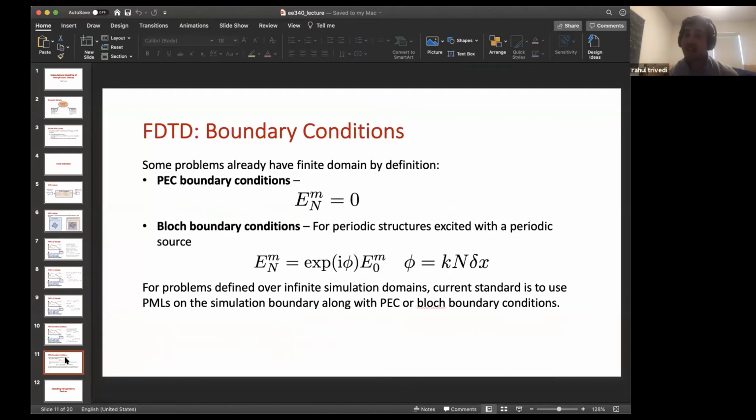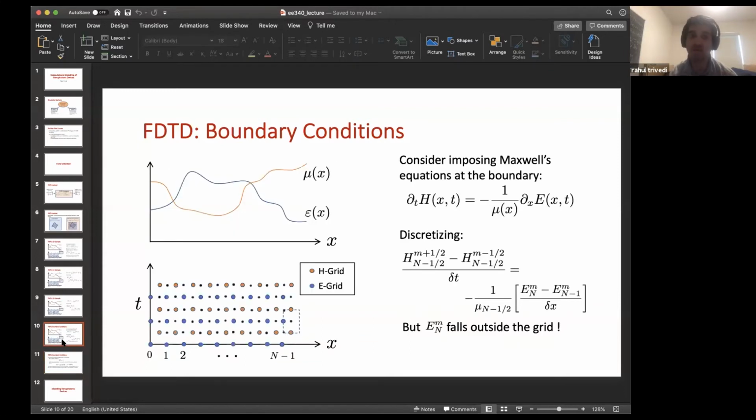Or, for example, if you are dealing with a periodic structure, then you have periodic boundary conditions. The electric field at this point is just equal to the electric field at the beginning of your simulation, if the length of your simulation is one period. So you can just replace the electric field here with the electric field there, and you can still write down your update equation.